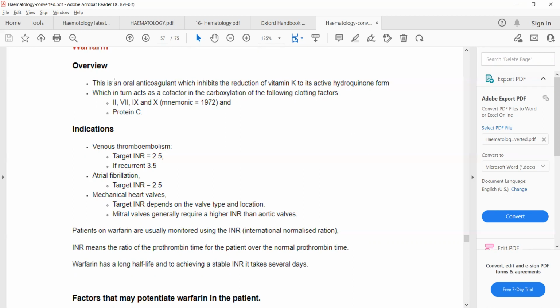You can see here in this paragraph that warfarin decreases the synthesis of factors 2, 7, 9, and 10, as well as protein C. Remember that protein C is a natural anticoagulant. Remember this point, because initially in the first 3 to 4 days, warfarin is a procoagulant, as it decreases the synthesis of protein C, which is a natural anticoagulant.